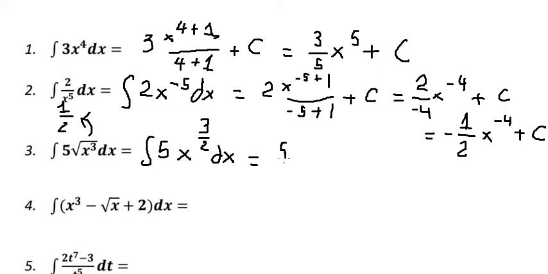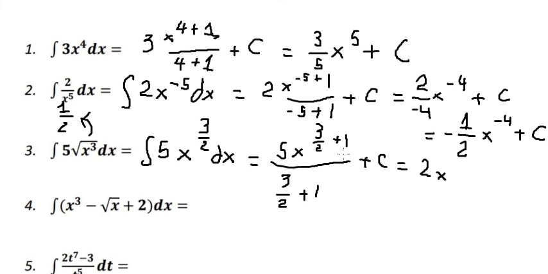So we get 5x to the power of 3 over 2 plus 1 over 3 over 2 plus 1, and we put c in here. So we get 5 divided by 3 over 2 plus 1, you get 2. This one you get 5 over 2 plus c.